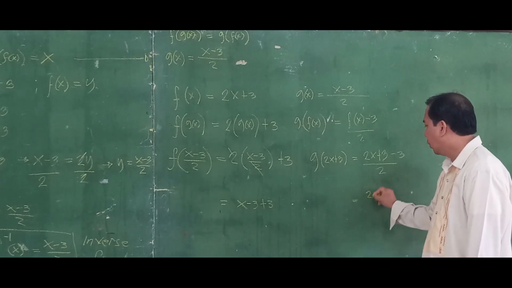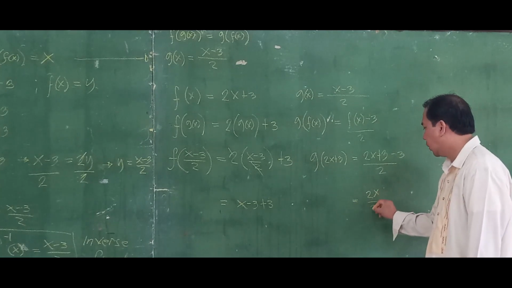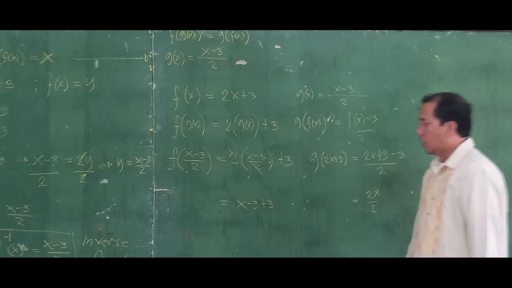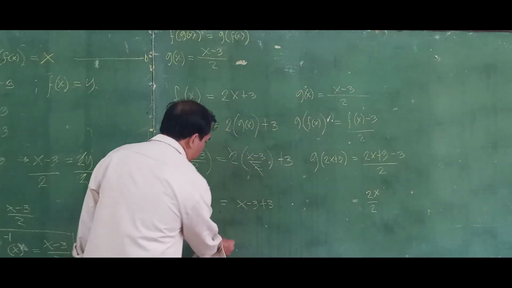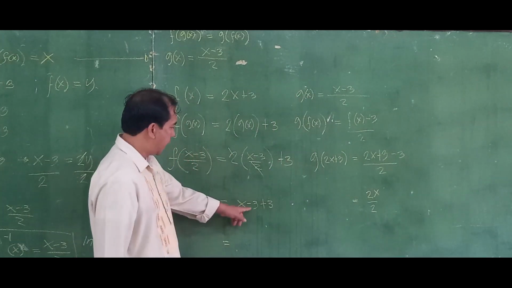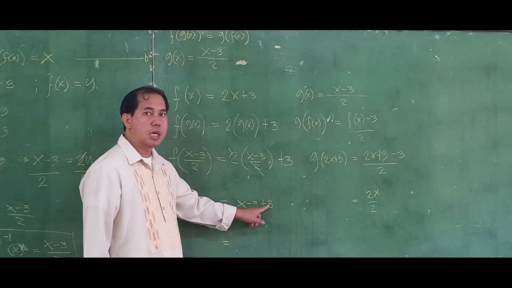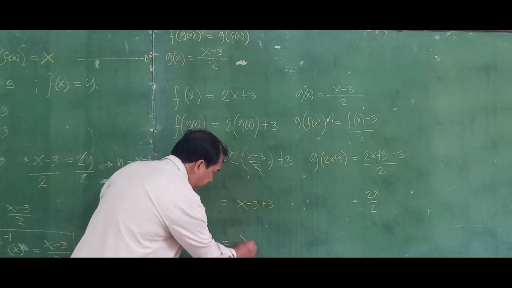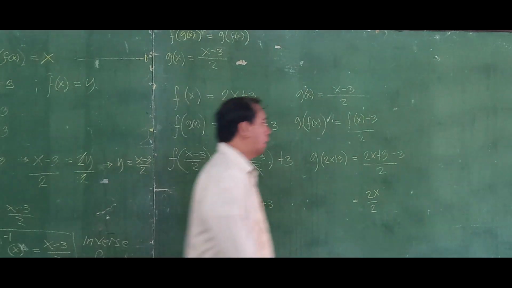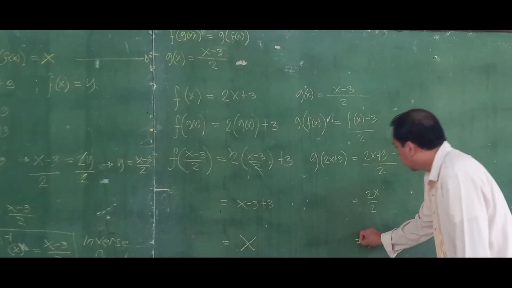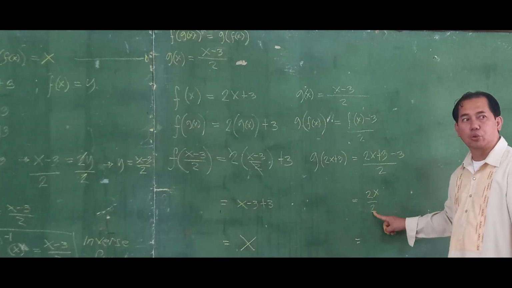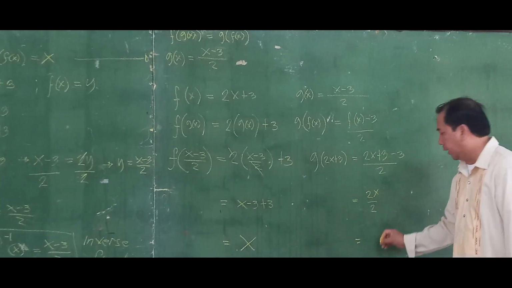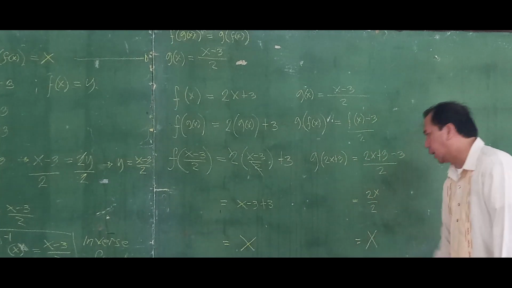What is left now? 2x over 2. Notice that when I have this one, negative 3 plus 3, what? 0. What is left? X. Notice in here that if I divide 2 divided by 2, 1 multiplied by x, that is x.